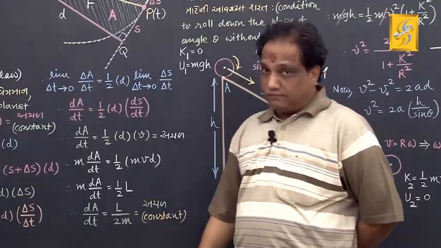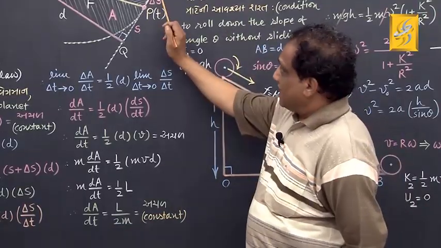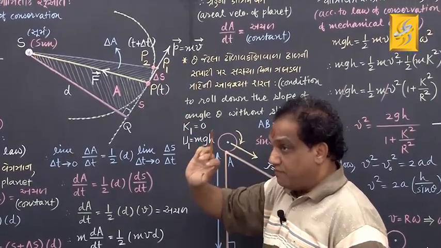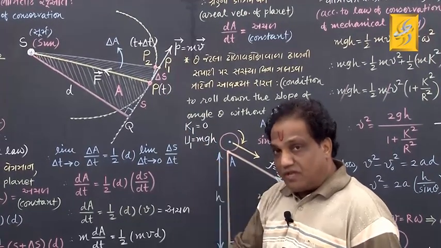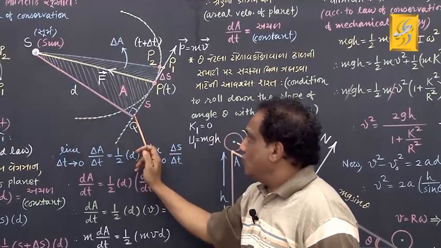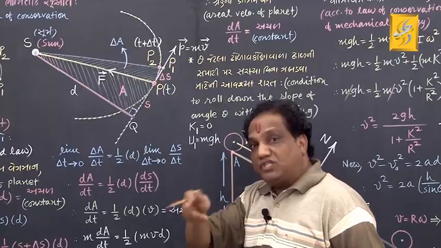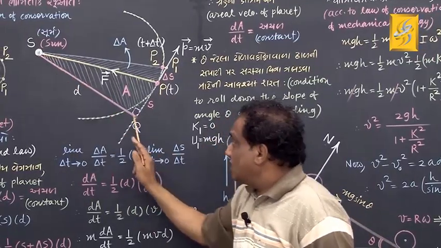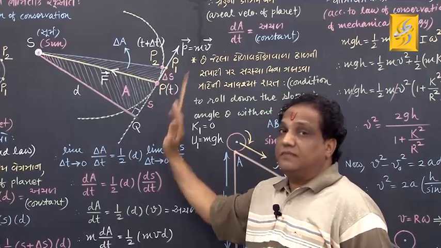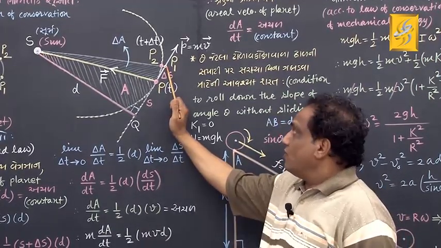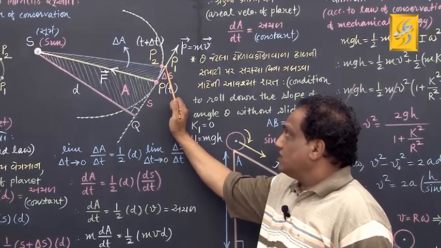Why? Actually, these points P1 and P2 are not the same points. They are different points. We were supposed to find the area of SQP2, but instead we found the area of triangle SQP1. We can do that provided these two points are very close to each other.